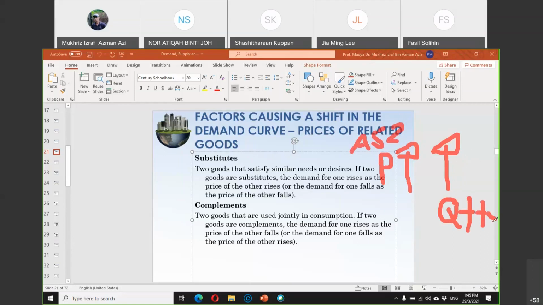So we use the example of Samsung A52. Let's say we assume that the competition is Vivo, I don't know what the model is now, V21, is it?